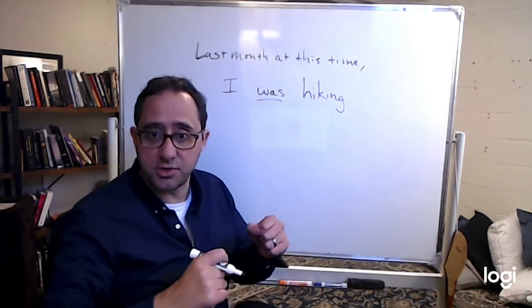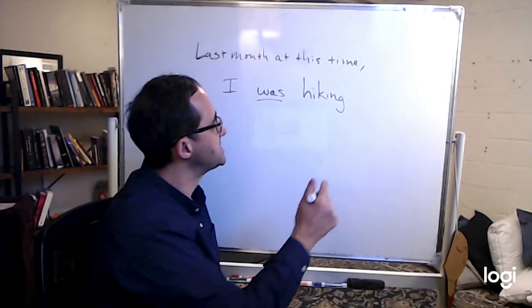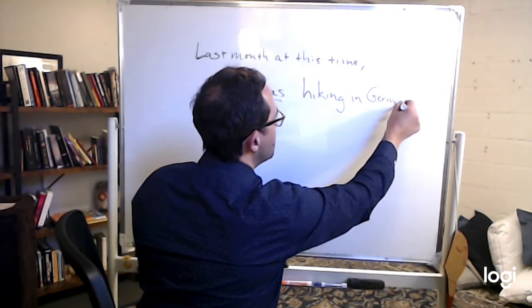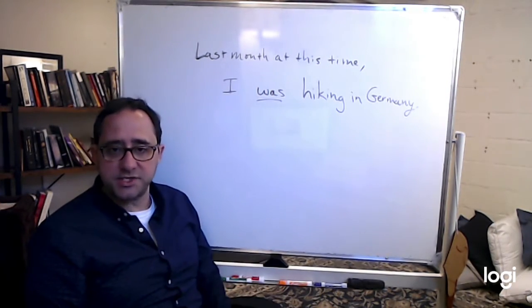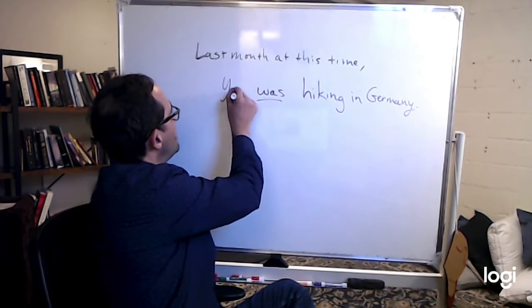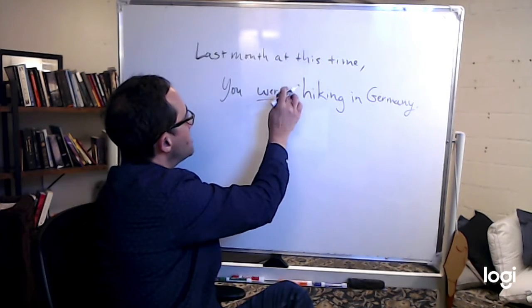To hike means to climb a mountain or climb a hill. You're hiking or you're walking through the woods. I was hiking in Germany. Last month at this time, you were hiking in Germany. All right?